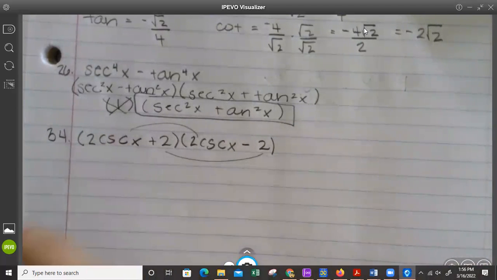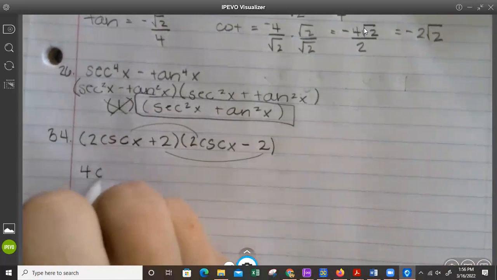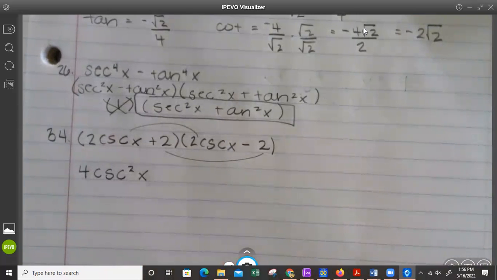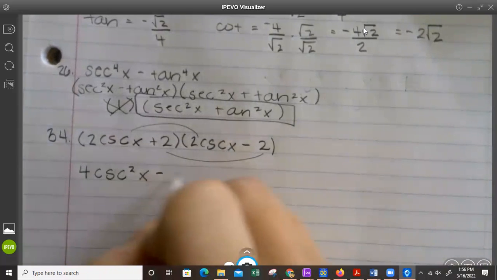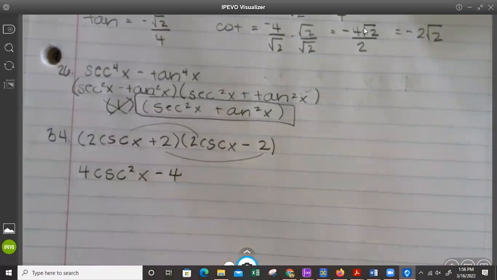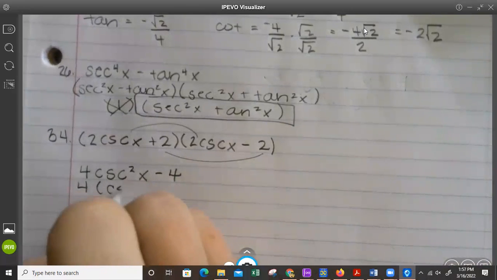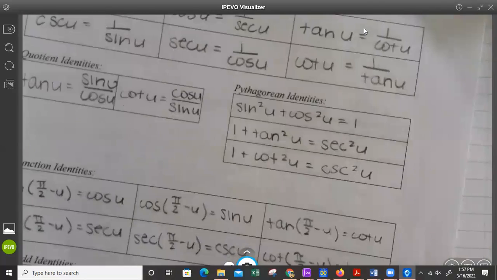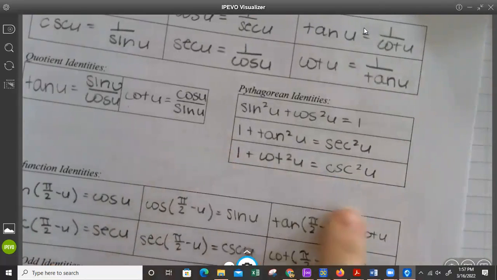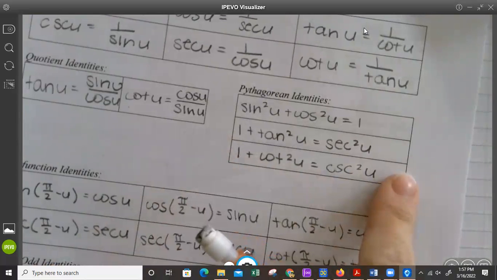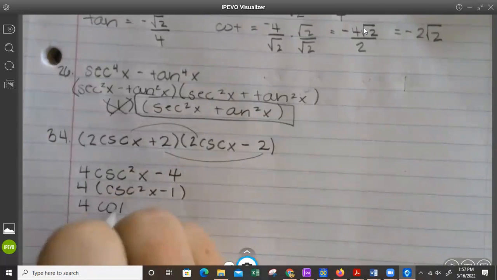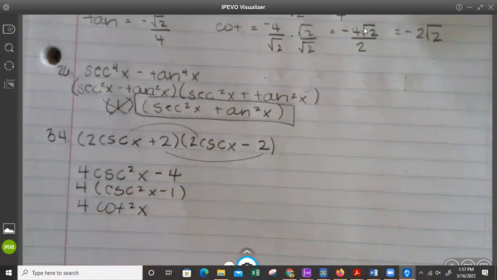Beginning and the end. 2 times 2 is cosecant times cosecant is cosecant squared. And then the ends, 2 times -2, -4. What can I do to these? Take out a 4. I see that cosecant squared. If I subtract 1, cosecant squared minus 1, it's going to give you what? Cotan. So this is 4 cotan squared x. That's it.